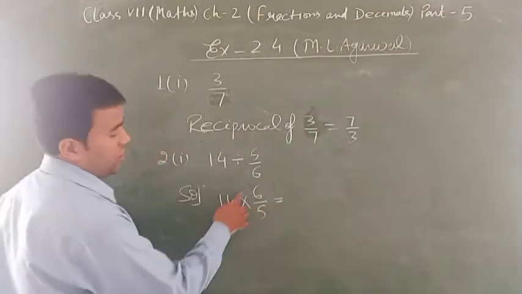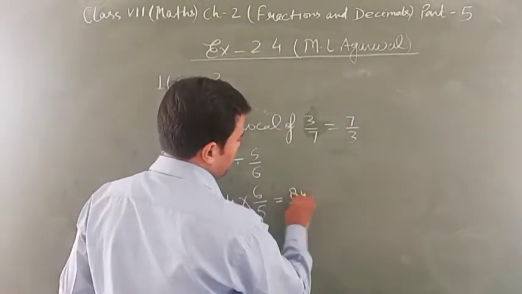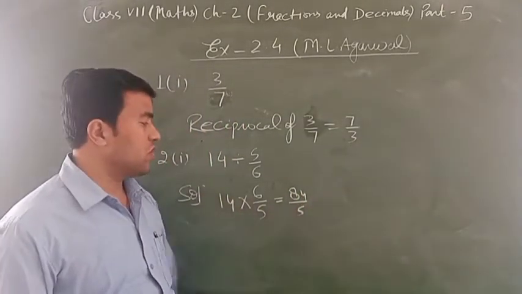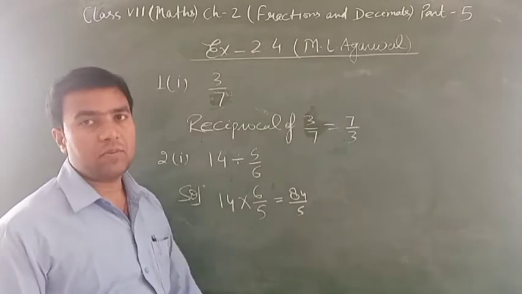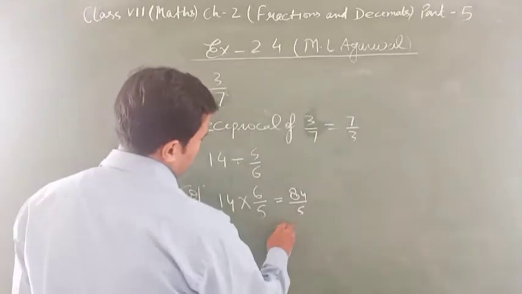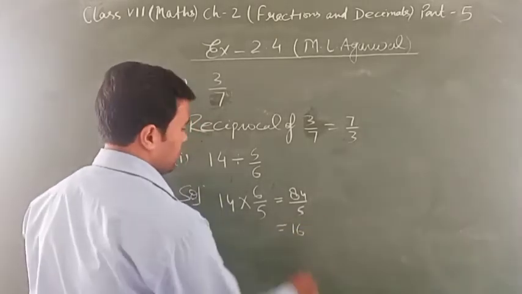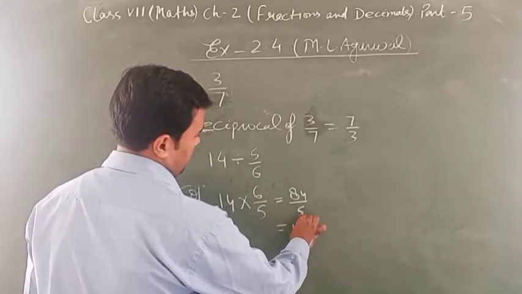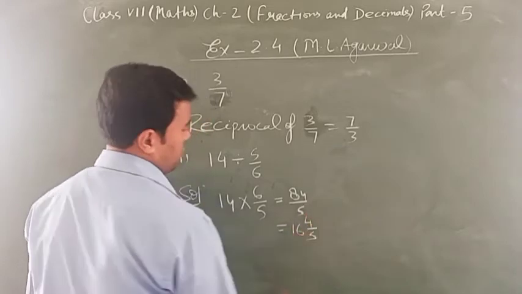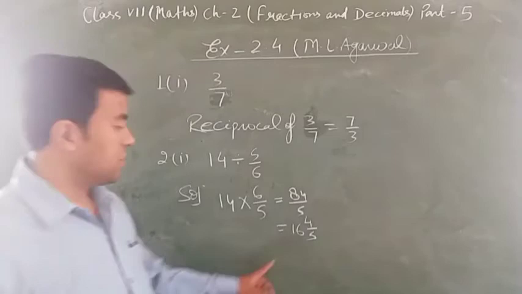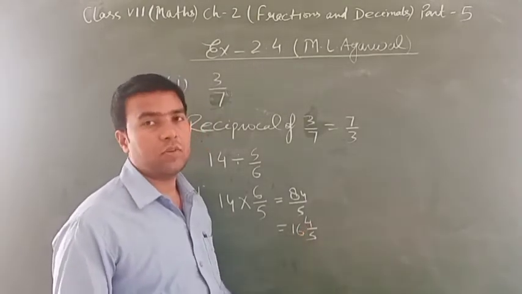Then 14 times 6 is 84/5. Clear? If you want to change 84/5 in mixed fraction, you can change it: 5 times 16 is 80 plus 4, 84/5, so 16 whole 4/5.